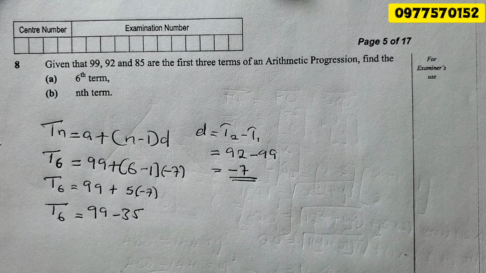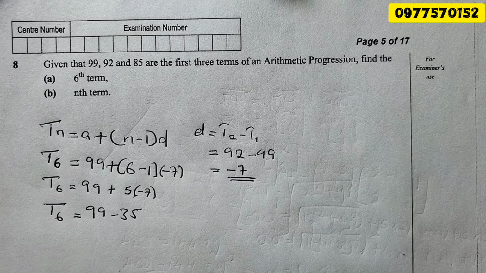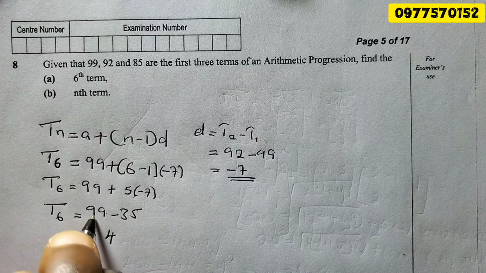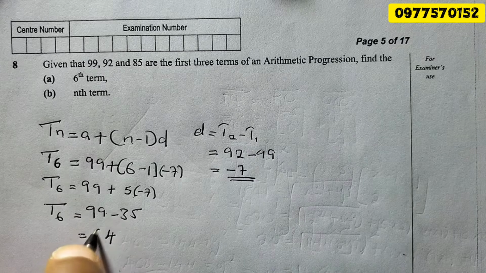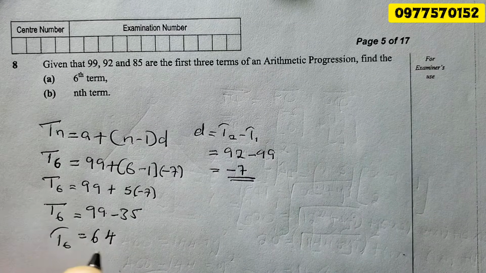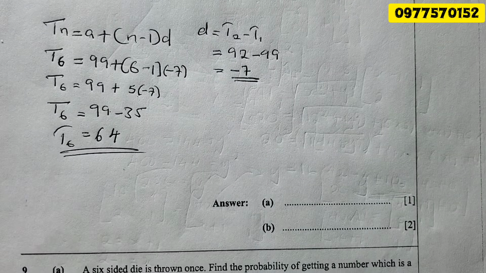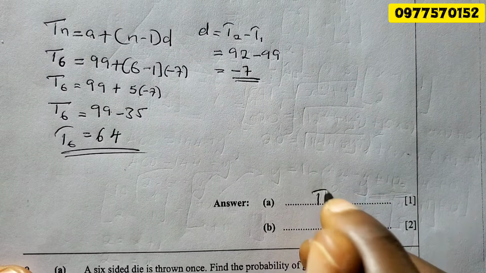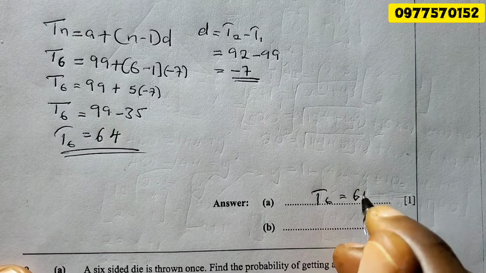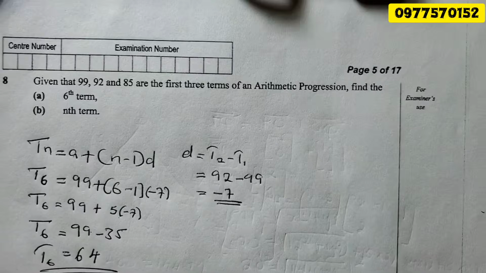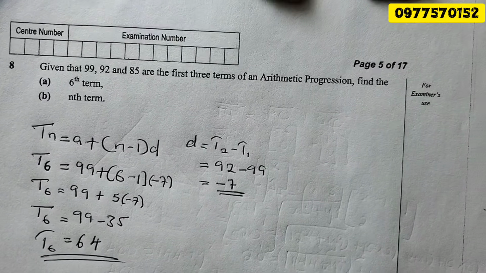Alright? 99 minus 35. So here, 9 minus 5 is 4. 9 minus 3 is 6. So term number 6 is 64. So the answer to the first question here is just T6 is equals to 64. That is the answer.